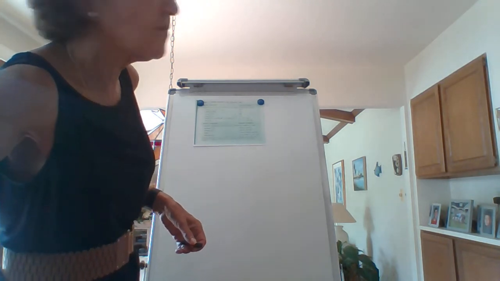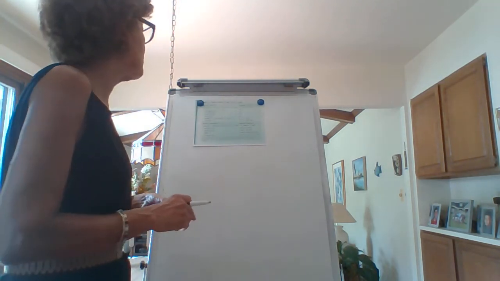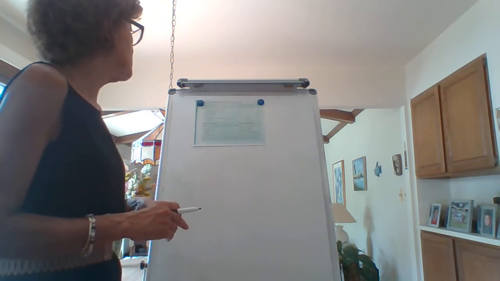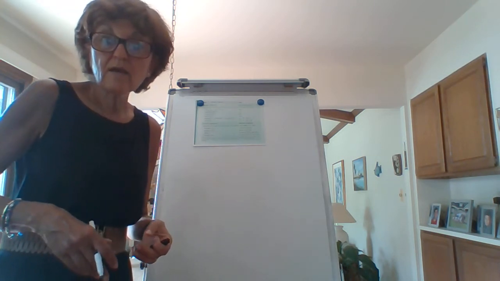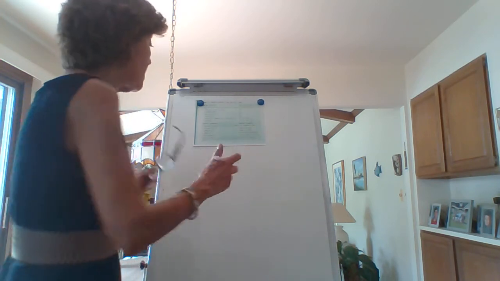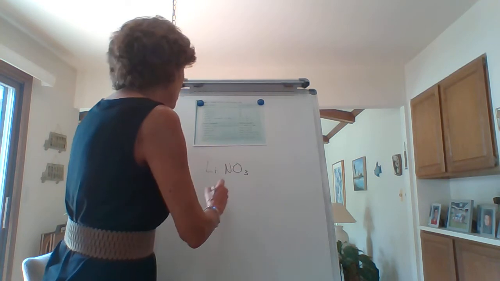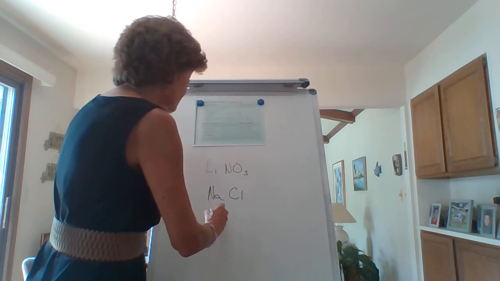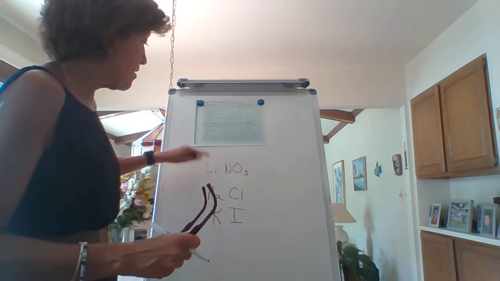Okay, so it says here that compounds containing the following ions are soluble with the exceptions noted. So group 1A, anything in group 1A, if you see that in an ionic compound, it's going to be soluble. So if you have a lithium nitrate, for example, or a sodium chloride, or a potassium iodide, these are group 1A.